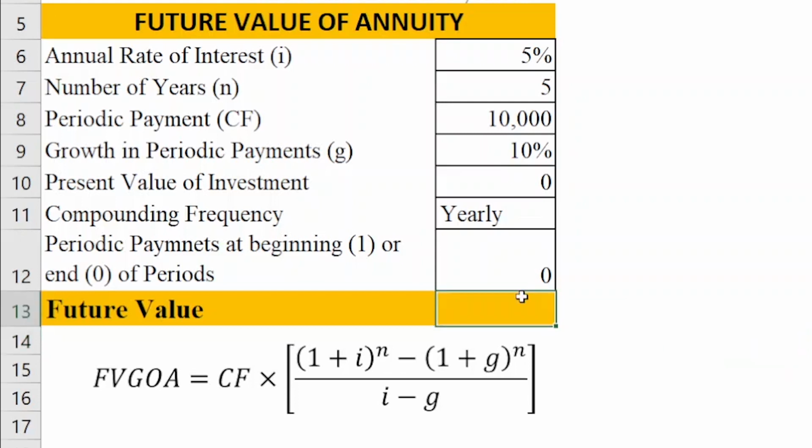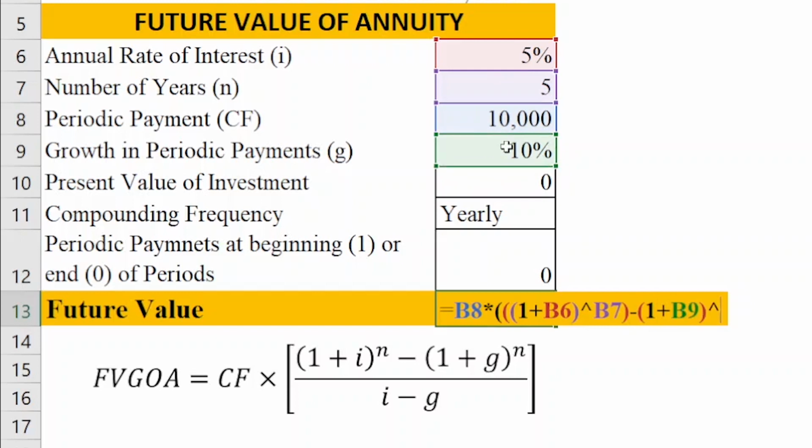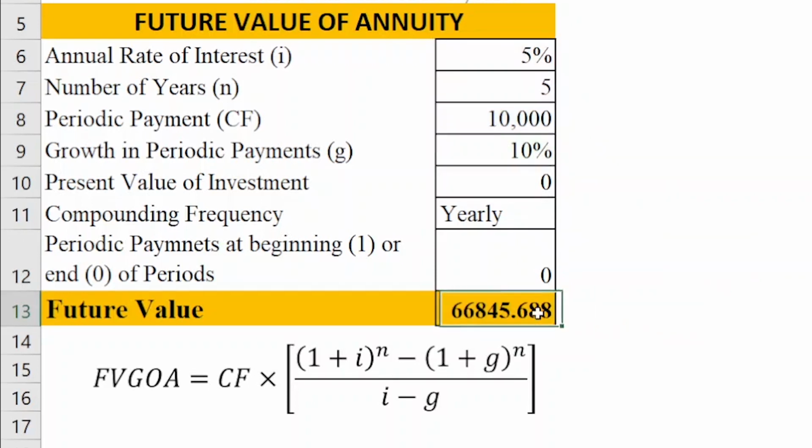So future value of this growing annuity is equal to cash flow, that is 10,000 multiply by start the parenthesis 1 plus interest rate raised to power n close the parenthesis minus 1 plus growth rate close the parenthesis raised to power n close the parenthesis divided by I interest rate, that is 5% minus 10% close the parenthesis and press enter, that is 66,845.688. That is the future value of the growing annuity.